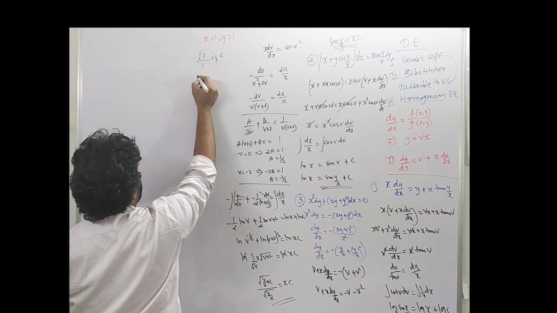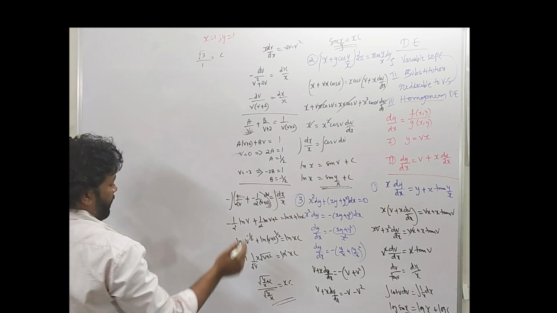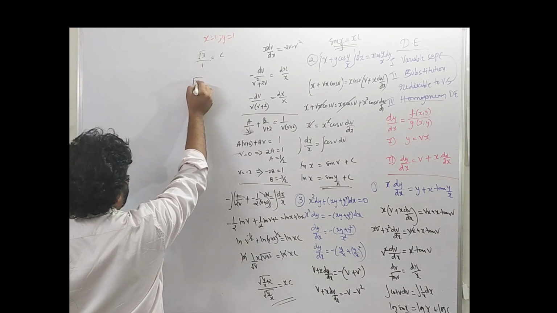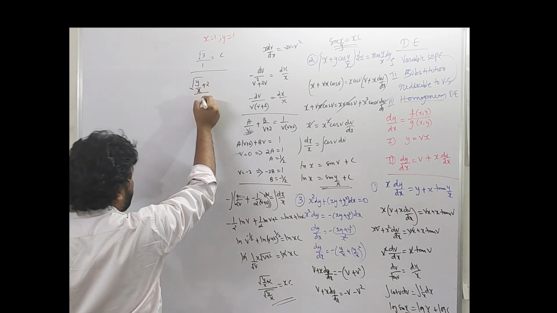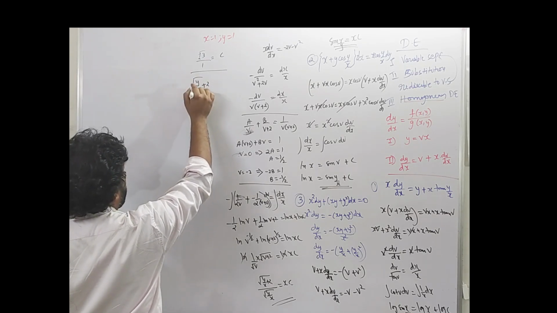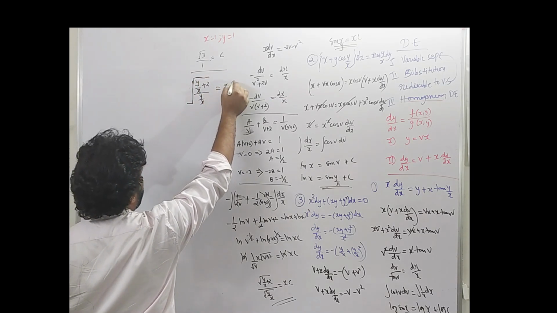X is 1. So squaring, the value of c we got is root 3. So let us substitute: square root of (y by x plus 2) upon square root of y by x is equal to x root 3.